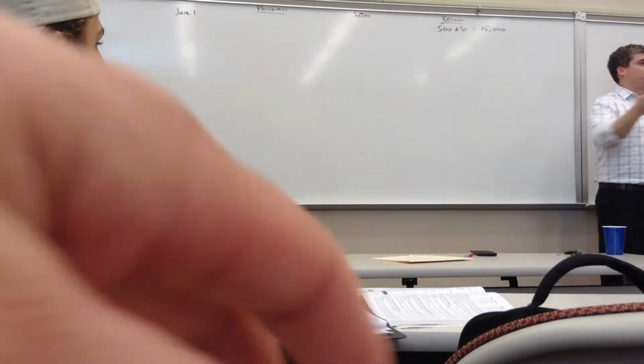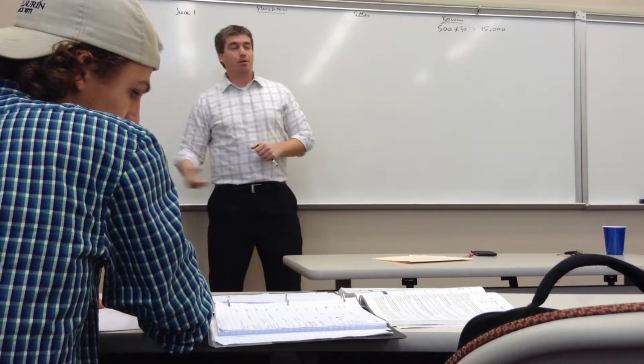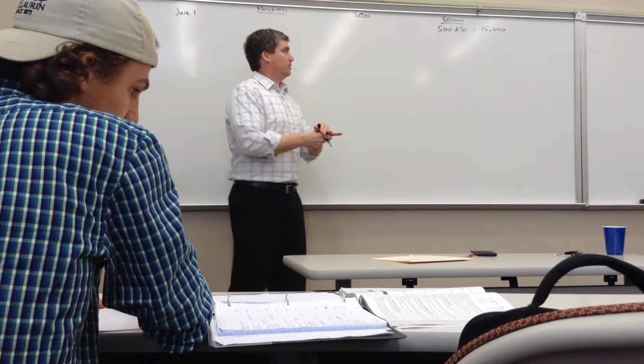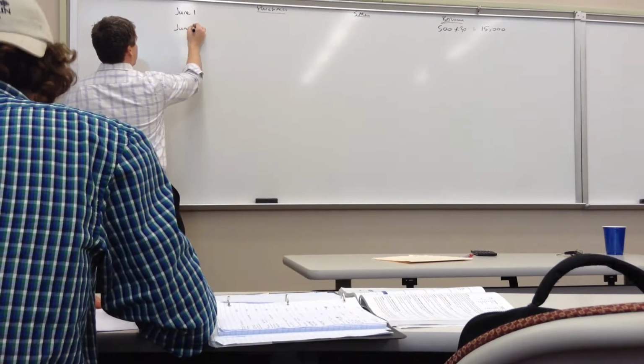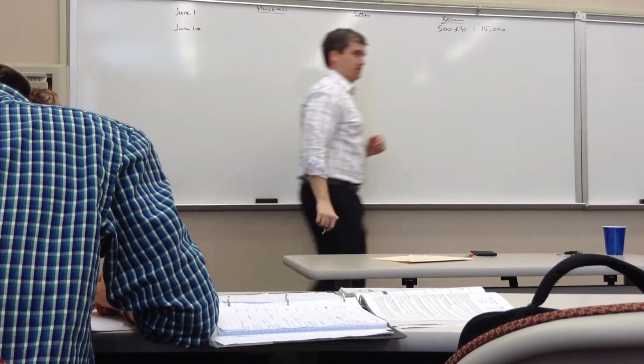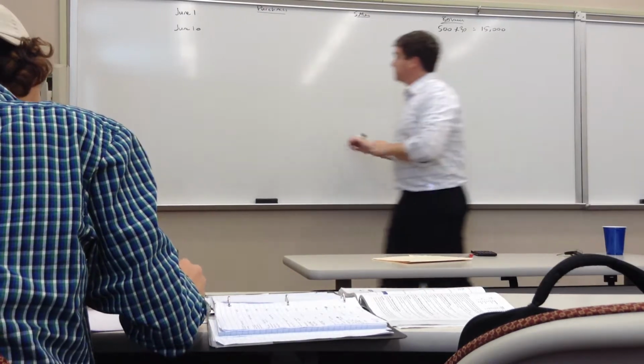All right? So June 10th rolls around. We buy. We're not selling inventory. We're adding to what we have right here. So June 10th comes around, and I'm making a purchase of 1,500 units.